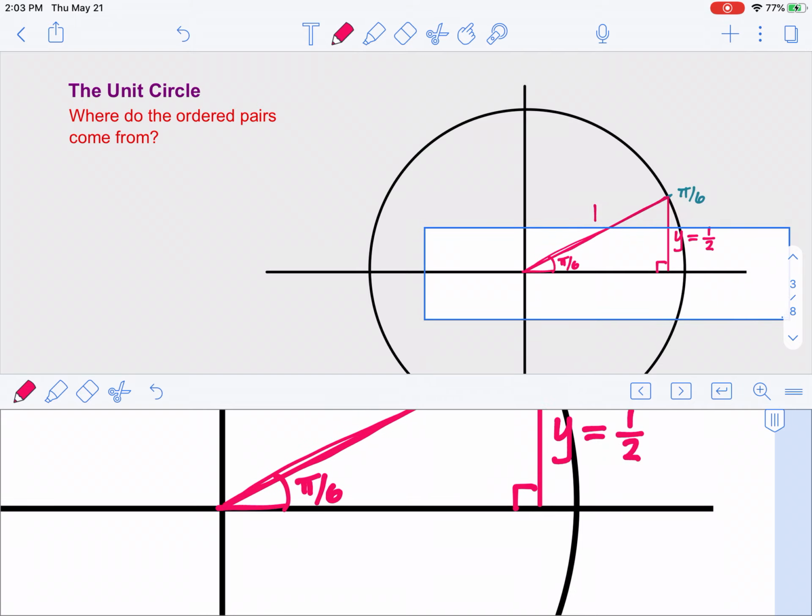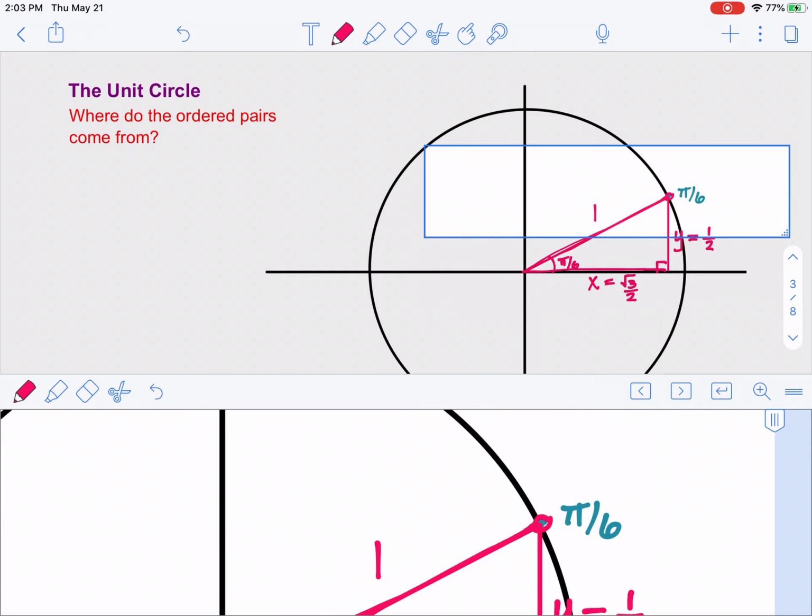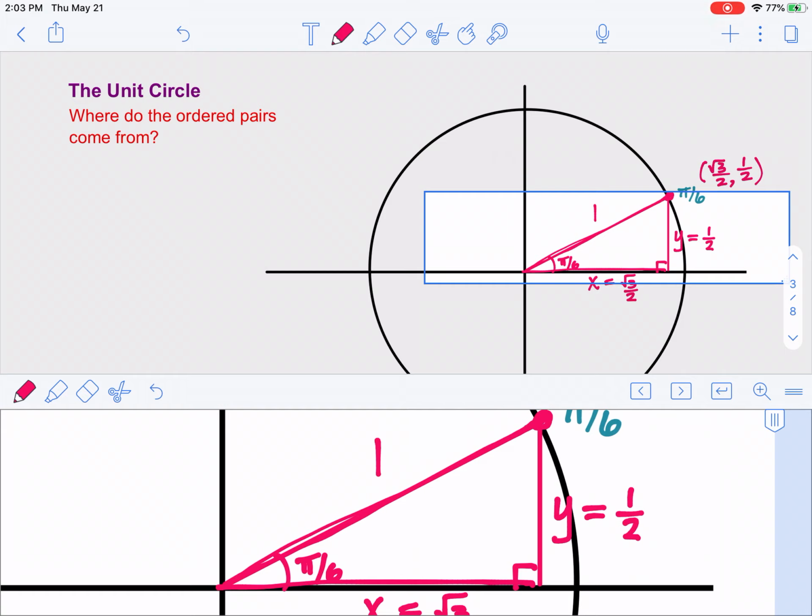Okay, and then this distance, going left and right from the origin, that must be an x. That distance would be opposite the 60-degree angle, which is root 3 over 2 times the hypotenuse. Well, the hypotenuse is 1. And so all of a sudden, we have the ordered pair at the angle pi over 6 of root 3 over 2, comma, 1/2. Okay, and that's from knowing that special relationship in the triangle.